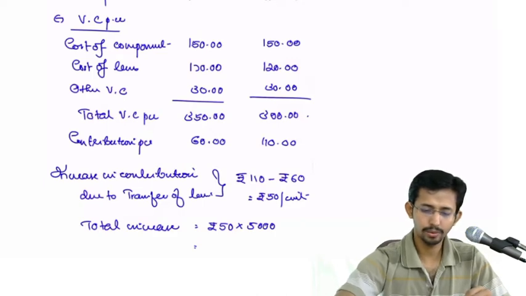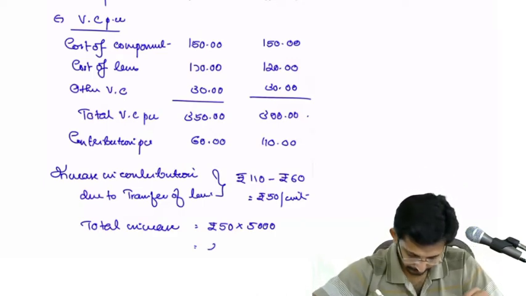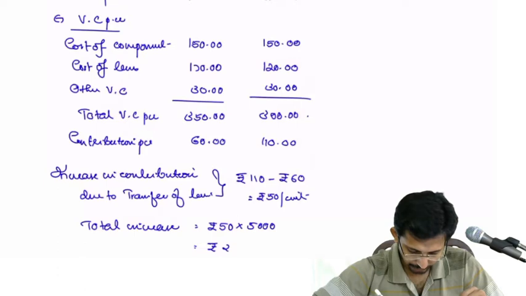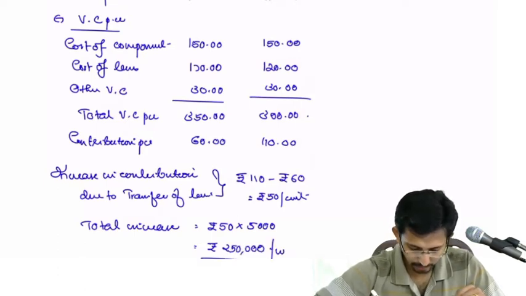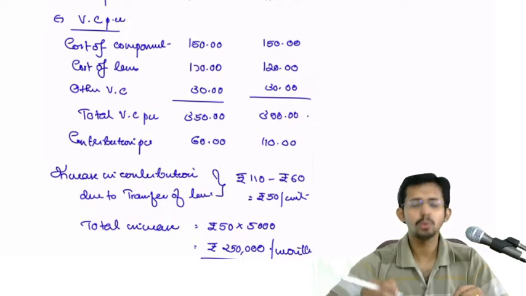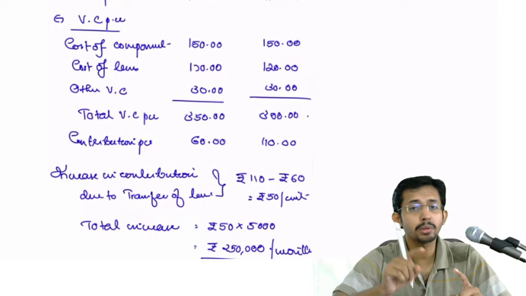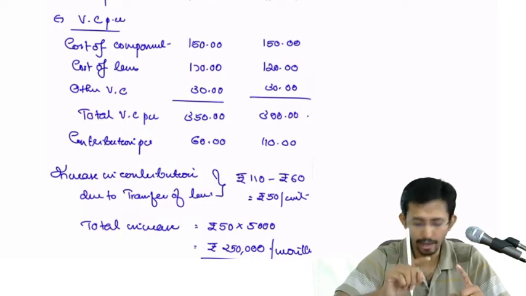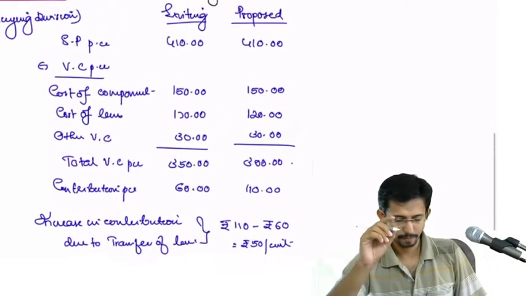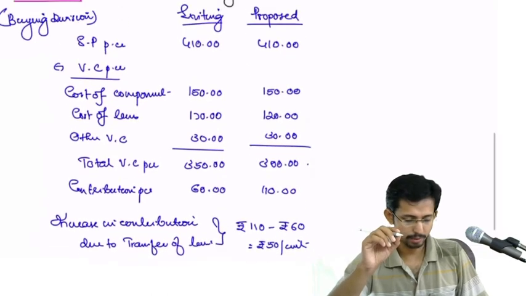So 50 into 5000 will be rupees 2,50,000 per month. So on account of this internal transfer of the lens, the total contribution of division B is going to increase by 2,50,000 rupees per month.